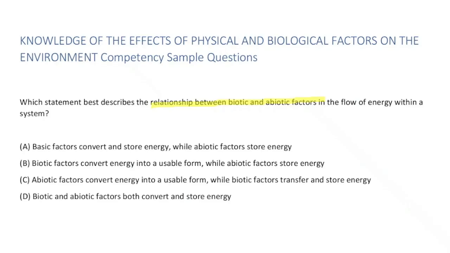So for example, chemical energy into glucose. Biotic factors, including plants, herbivores, and carnivores, then use this energy, transferring it through the food chain and storing it in their bodies as biomass. Therefore, answer choice B, biotic factors convert energy into usable form, while abiotic factors store energy, is the correct answer.